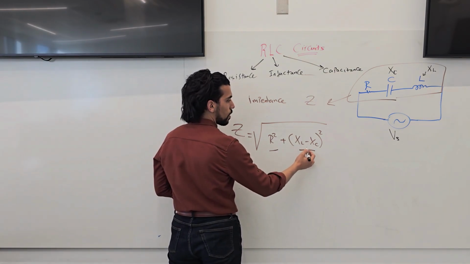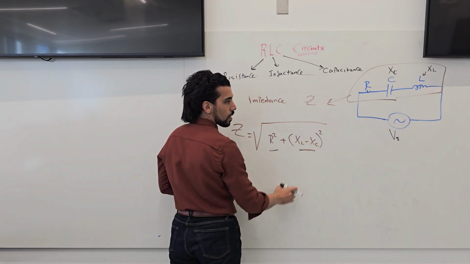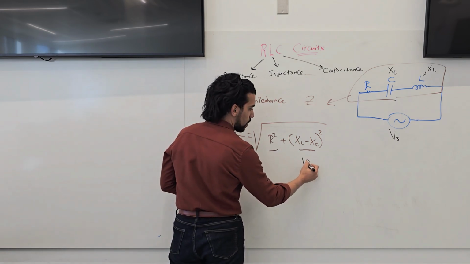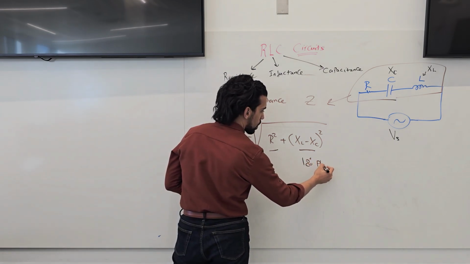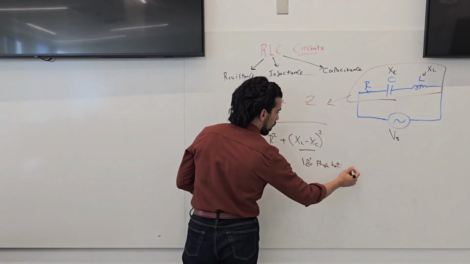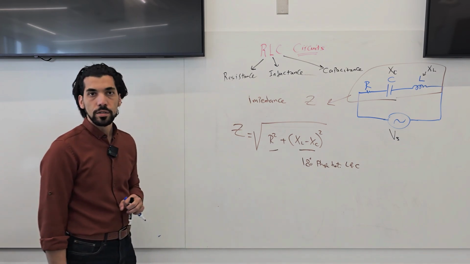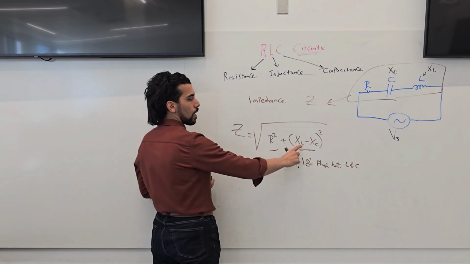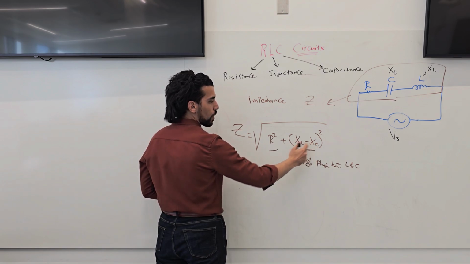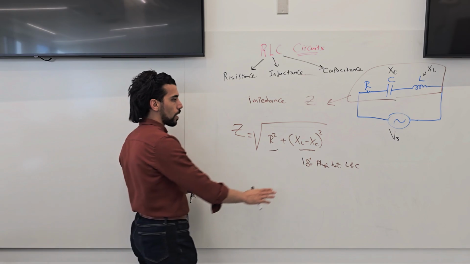And this negative value, because basically they have 180 degrees phase difference between the L and C. For example, the phase difference between the voltage on the inductor and the voltage on the capacitor is going to be 180 degrees. Okay? I hope you got this one.